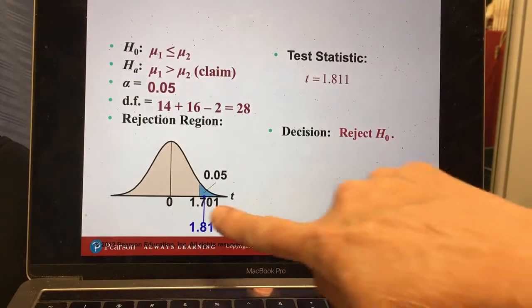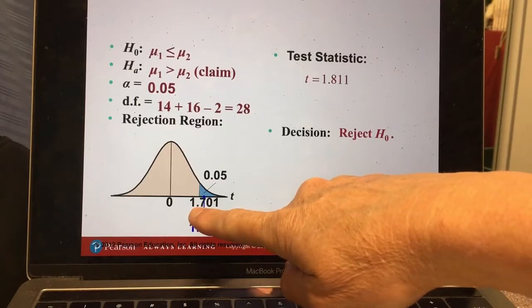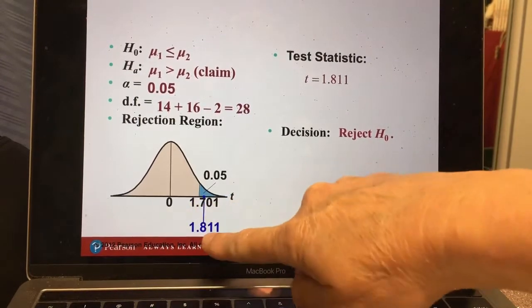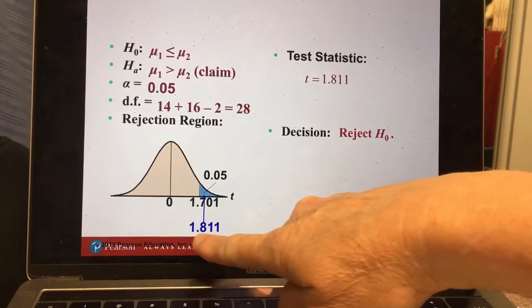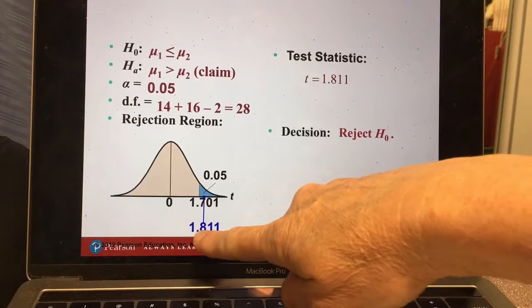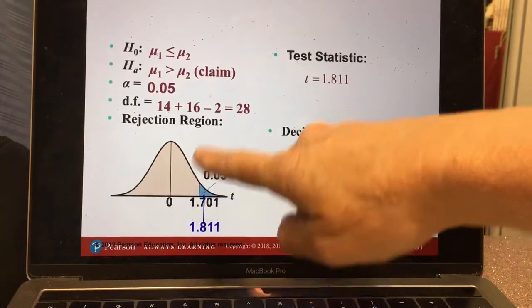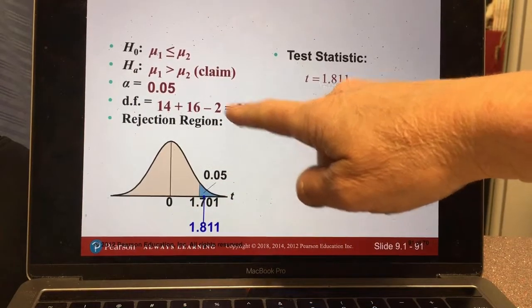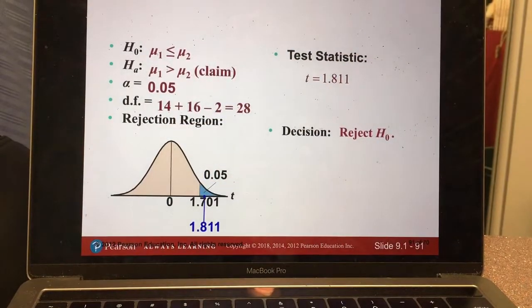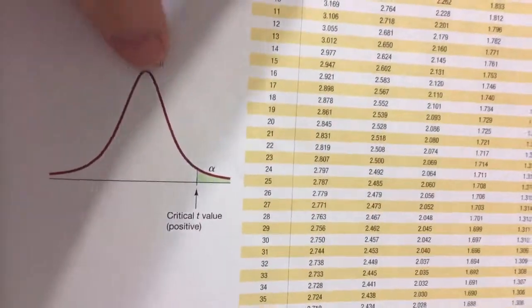And again, let's look at how they got the 1.701, because this is what's going to come back from your technology. How did they get this? They're going to look at 28 degrees of freedom and 0.05 in one tail. So here you have it.